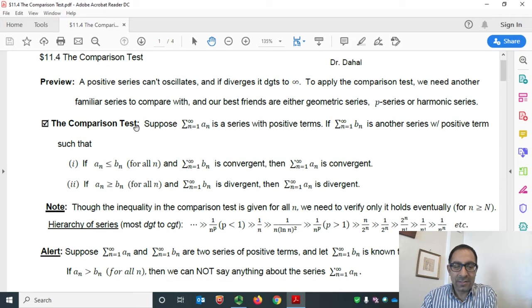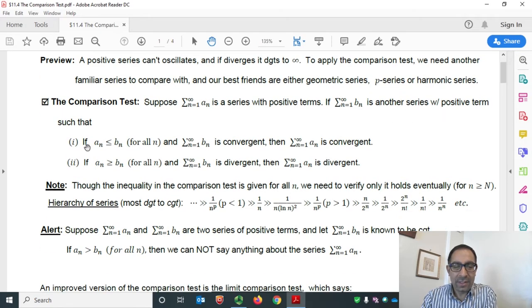The comparison test. Suppose series An is a series with positive terms. If the series Bn is another series with positive terms such that: 1. If Bn dominates An for all n and the bigger series Bn is convergent, then the smaller series An is convergent. 2.